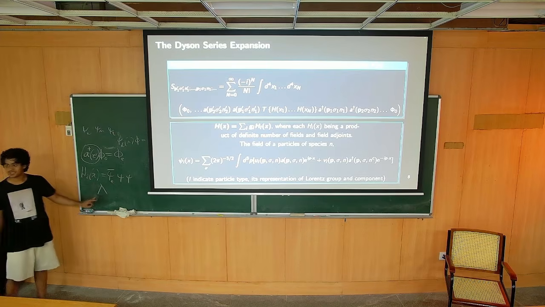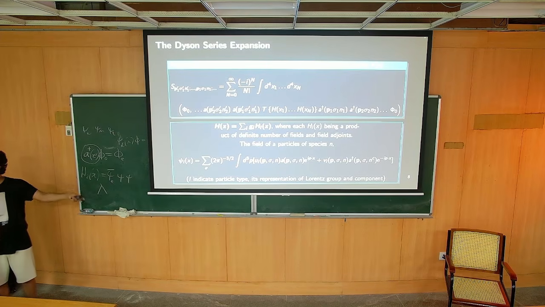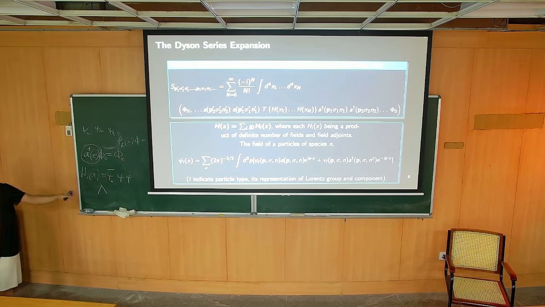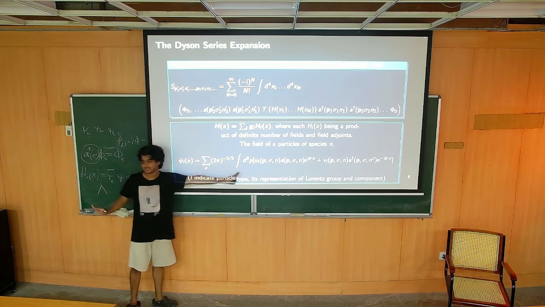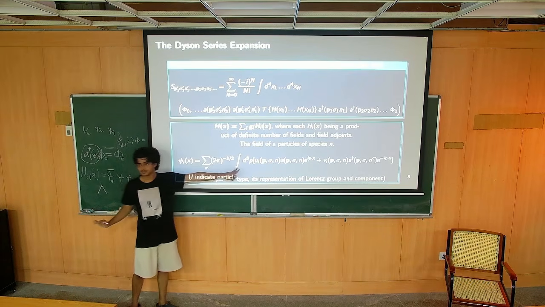They form a group. These are different representations of the group. Mostly they are irreducible representations of the Lorentz group. We can write them in this form. For now, what we call a field is of this form.